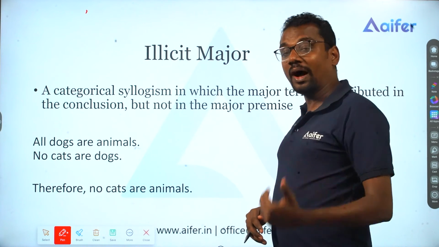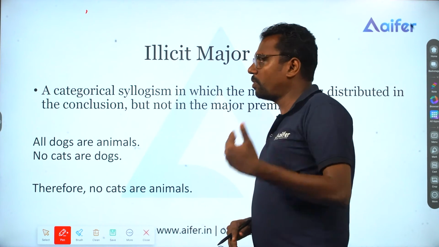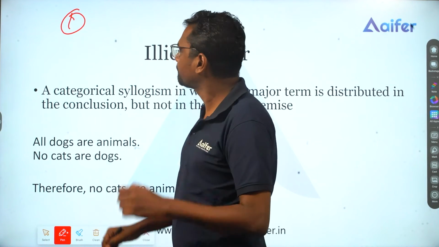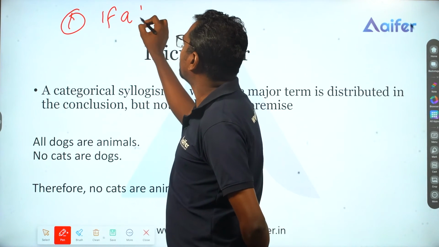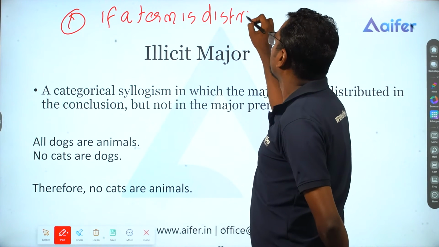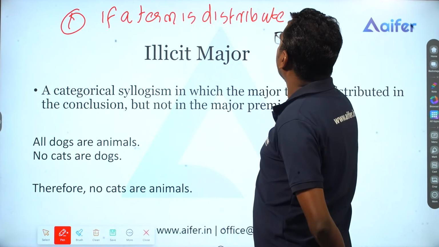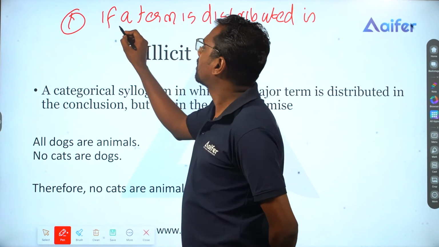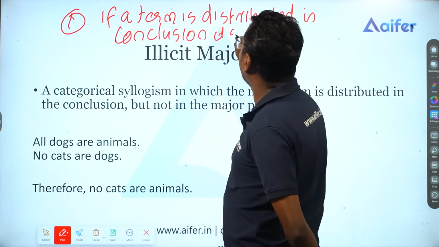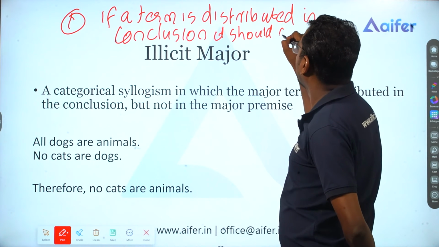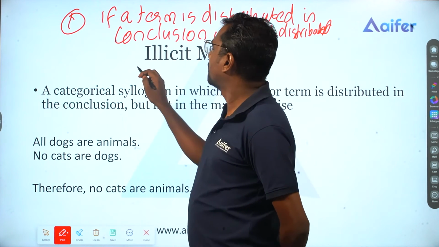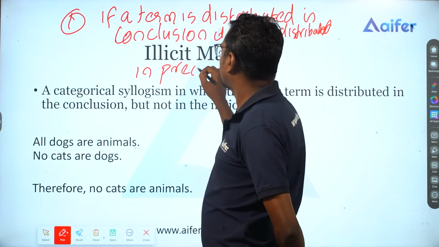The rule of the standard form of syllogism being violated here is rule number 1, that is, if a term is distributed in conclusion, it should be distributed in premise also. That's the first rule.